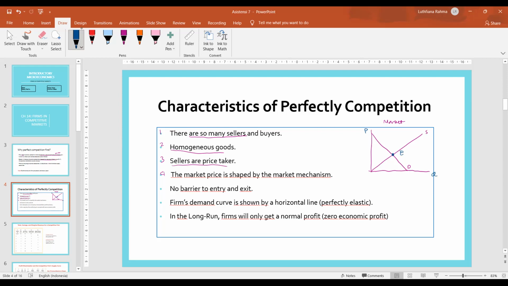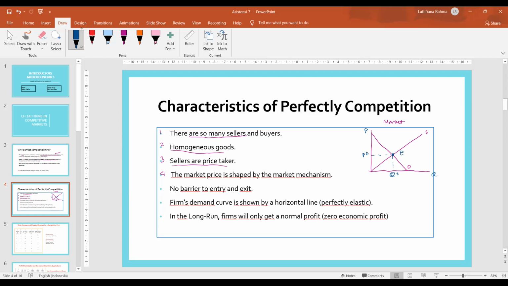Here we have the price at equilibrium and the quantity at equilibrium. Remember that this curve happens in the market, and the sellers are price takers, so the sellers take whatever the market price is.